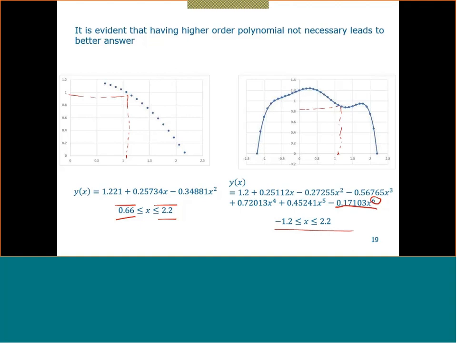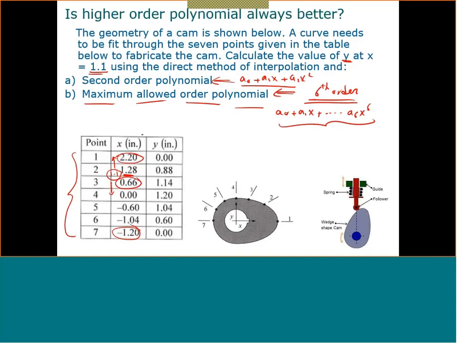So sometimes a second or third order polynomial, defined with certain limits, is much better than defining something that goes through the whole range, especially when the function is different. Because when you look at this curve, the function here is different than there.